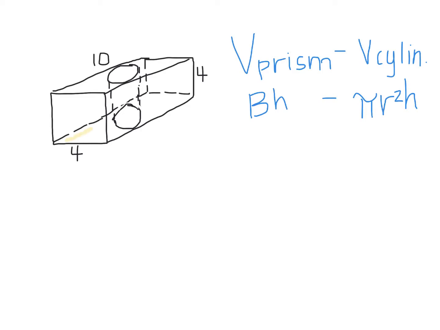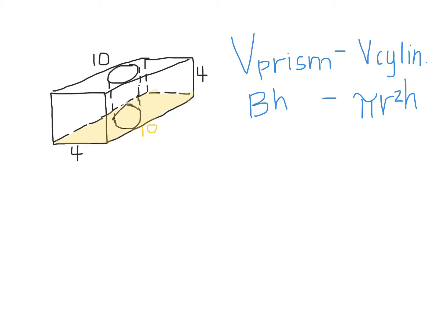I'm going to highlight this bottom part to be my base. And I'm just thinking of the rectangular prism part. So this entire part would be my base, right? I'm including that circle because I'm just focusing right now on the prism. So the shape of my base is a rectangle that has a length of 4, and then over here this would also be 10.